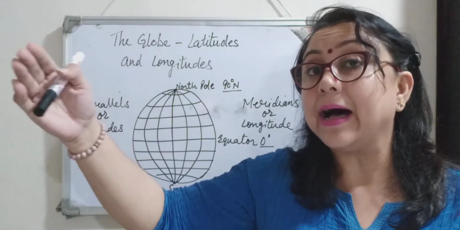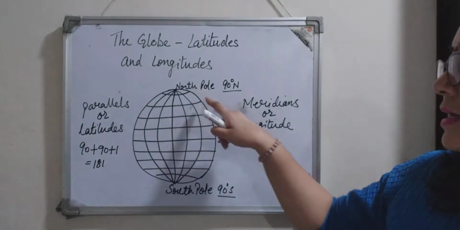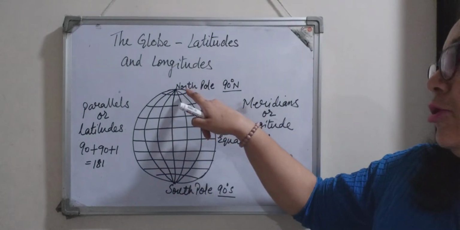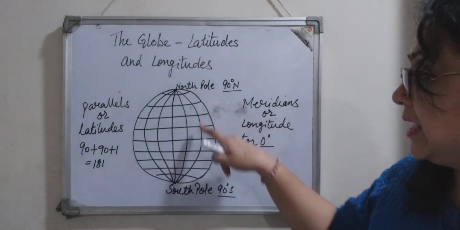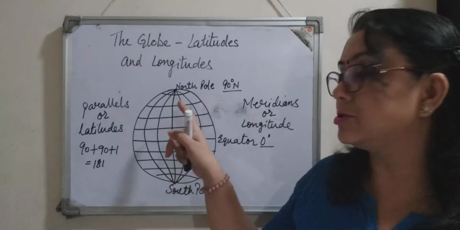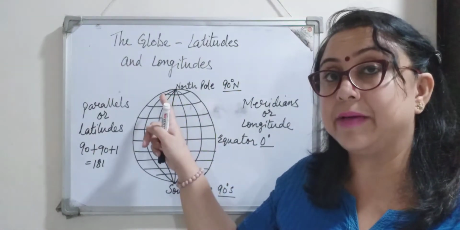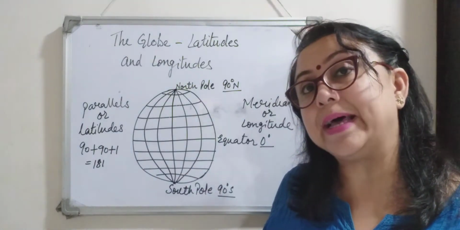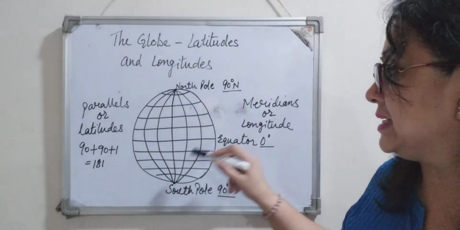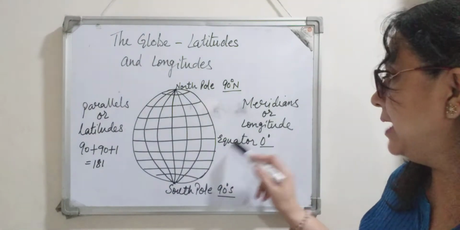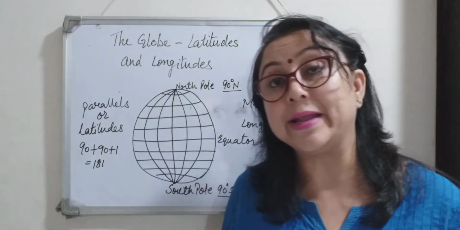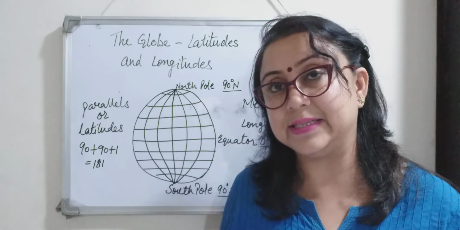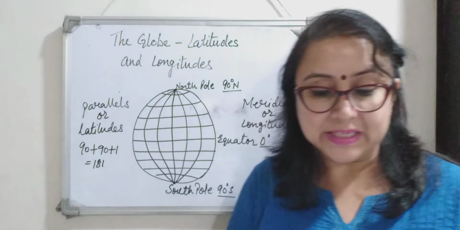They all are marked, right? And the north pole is 90 degrees. So there are 90 lines in the northern hemisphere. Similarly, 90 lines in the southern hemisphere as well. So 90 plus 90, 180, and one equator, that is 181. So I hope this is clear to you.